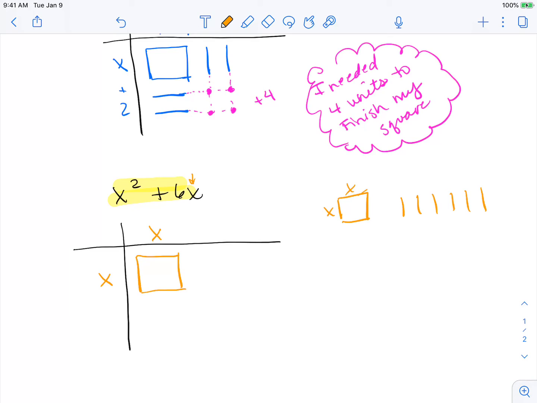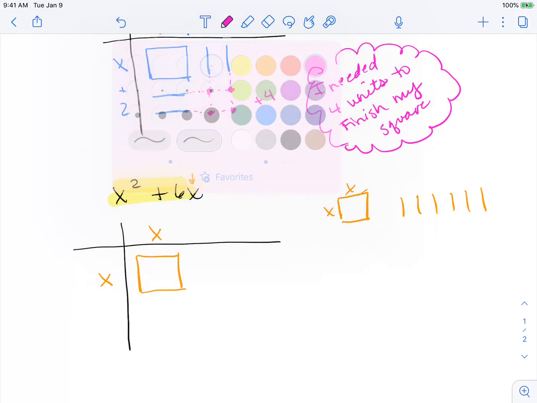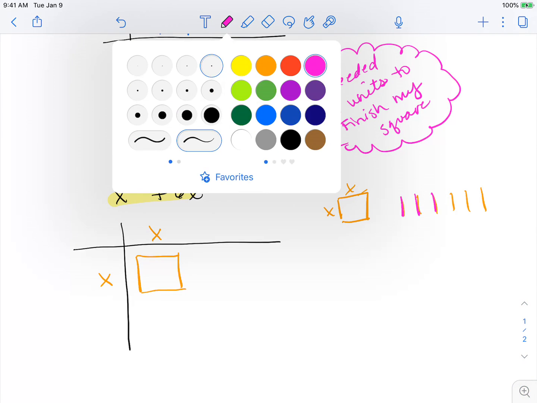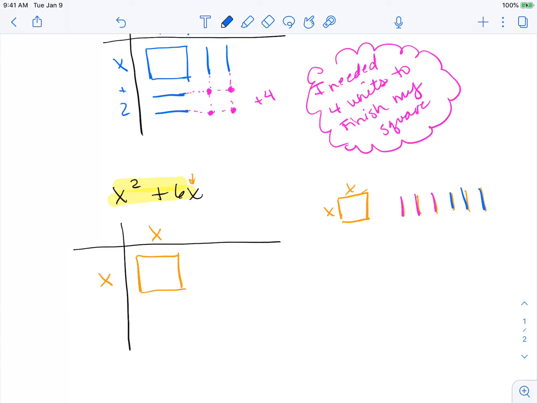And what I want to do is make sure that I'm even in both directions of these x's. And I have 6 of them. So to be even in both directions, I could break this into 2 groups. And so what I could do is say, well, I have, and I'll do it in color here, 1, 2, 3 of these, and then I have another 1, 2, 3 of these, so I could break it into 3 and 3.